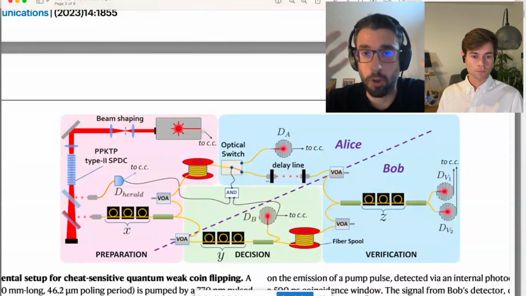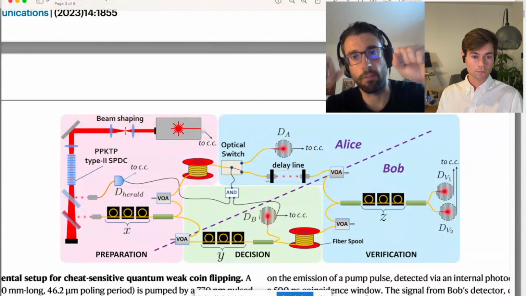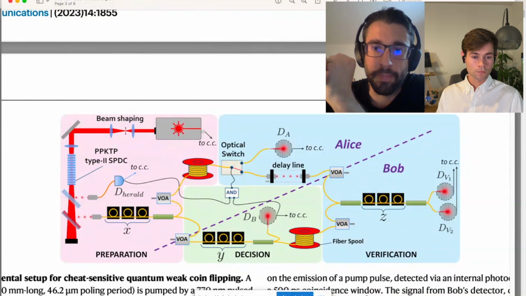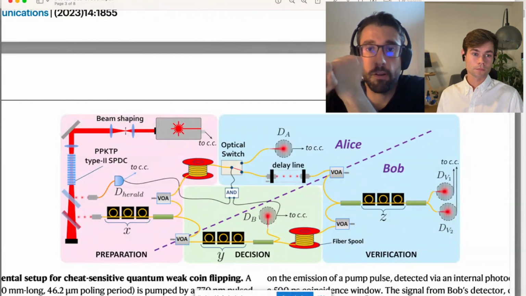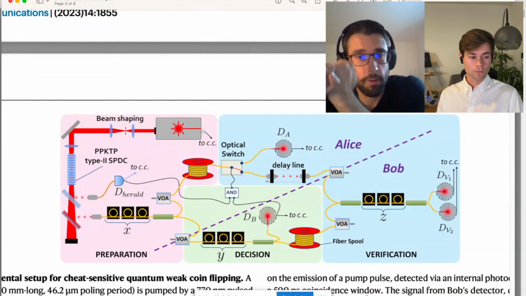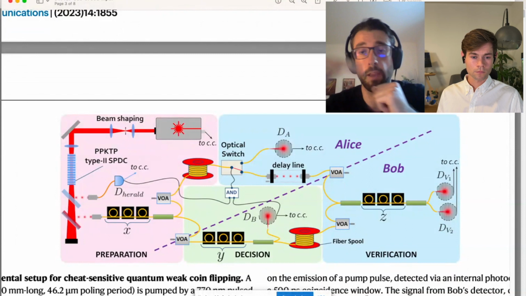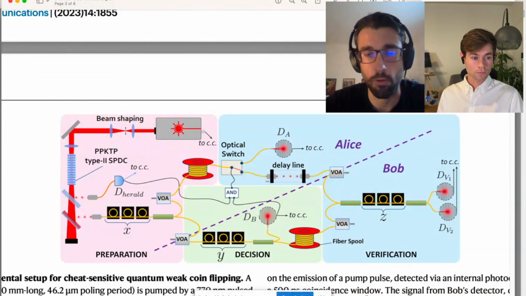Of course, since this is a communication over a distance protocol, we have to couple this photon into an optical fiber. And that's where, to start with, a lot of losses can happen. So if you couple your photon better, if you have better optics and better strategies to couple it, you can gain in your transmission, and so you lower your abort probability.